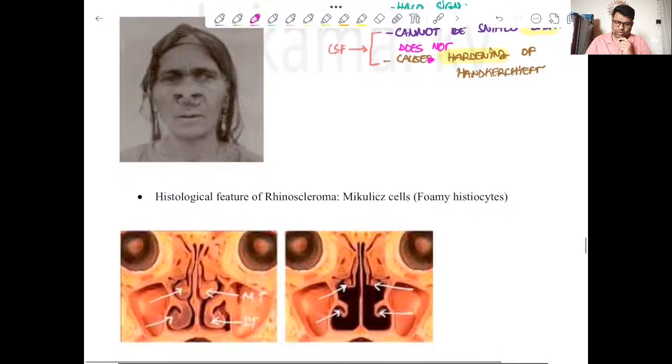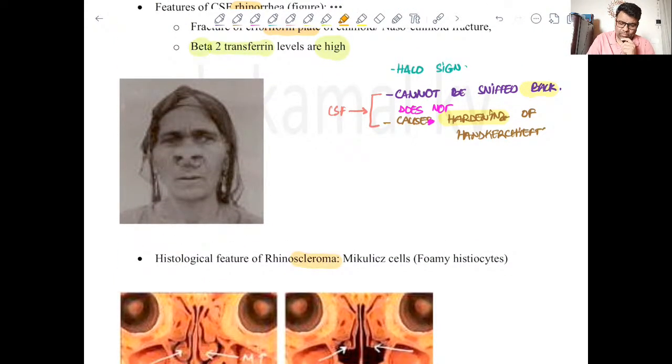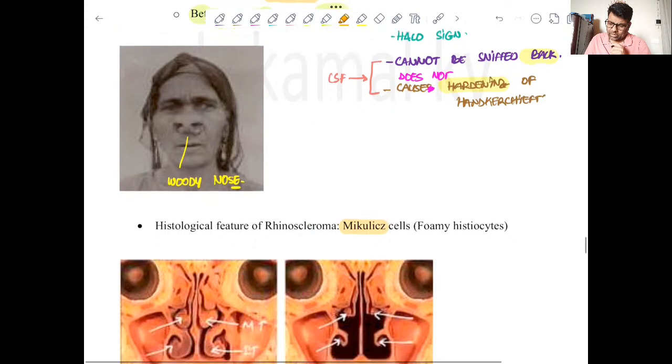Okay, then moving forward to rhinoscleroma, and this is also known as woody nose. Clear? So you can see here, this is the woody nose. And here, if you do histology, you will see Mikulicz cells or Russell bodies.